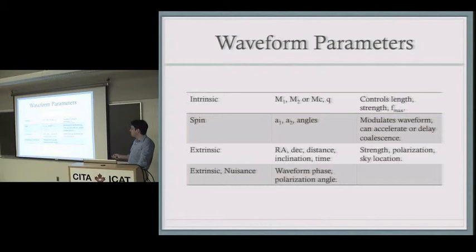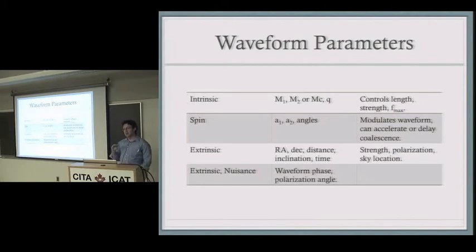In addition, astrophysical objects carry angular momentum, spins. That's encoded in two angular momentum magnitudes, and then orientations with respect to the orbit, if the objects have not had time to torque each other into alignment with the orbit. And it's quite likely that many astrophysical objects will not have had such an opportunity, so we expect there to be many misaligned spinning inspirals. The spin modulates the waveform because it causes the orbit, if the spins are misaligned, to precess.